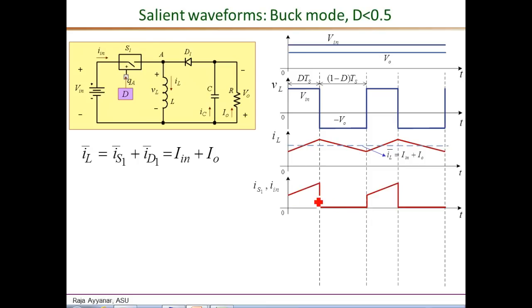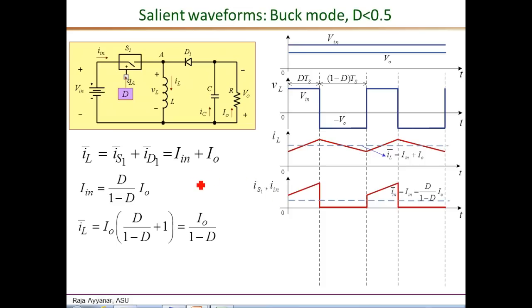Now if you want the average value of IN or IS1, we can obtain that by power balance. So IN is essentially d over 1 minus d times IO, which we derived earlier from the power balance equation, and that is indicated by this dotted line.